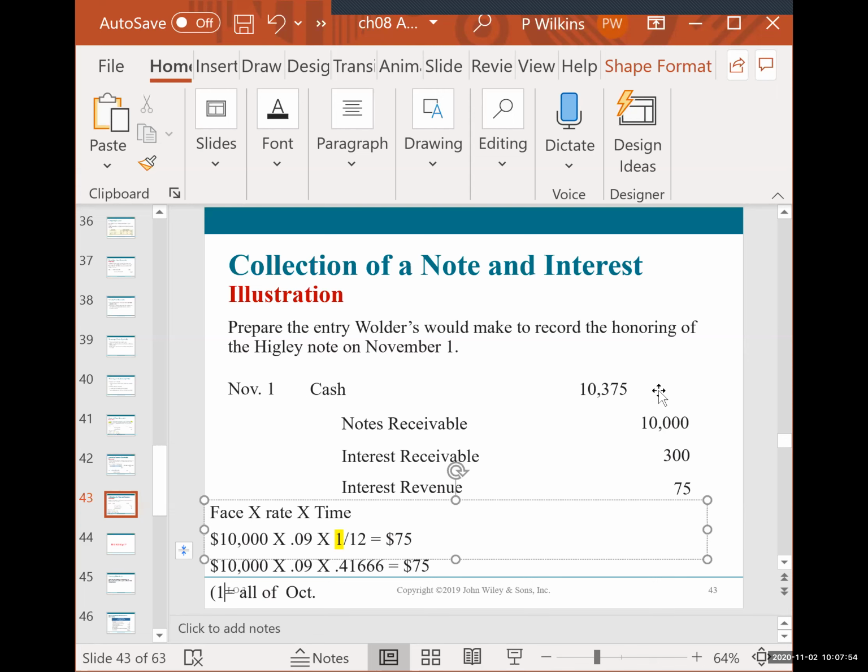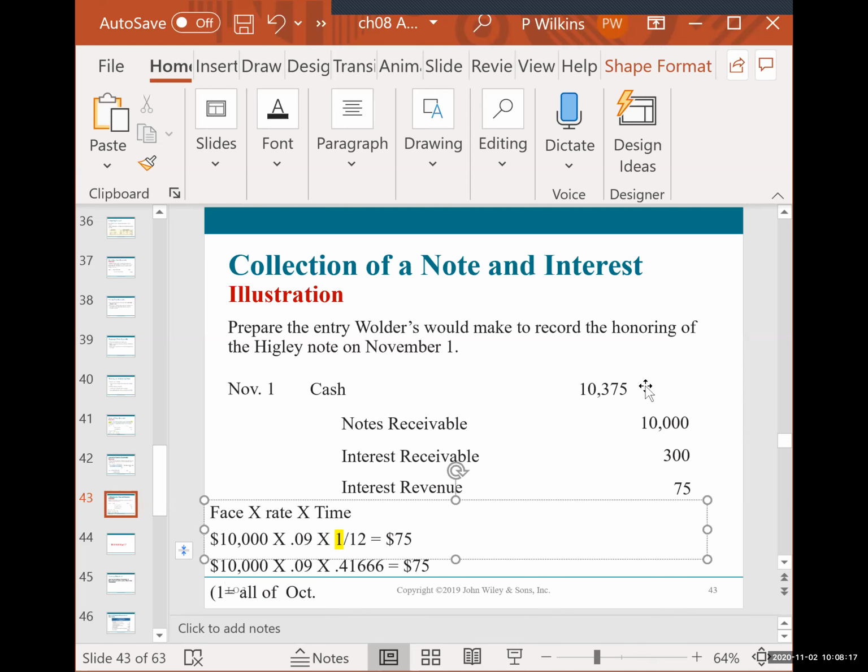We're still getting $10,375 cash, the principal plus $375 in interest. We're going to credit notes receivable, $10,000, to clear that out. We're going to credit interest receivable, $300, to clear that out. And then we're going to credit interest revenue, for the $75 that we just figured out.